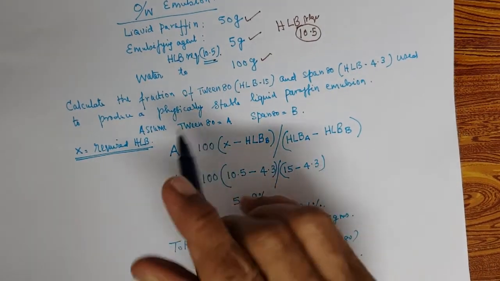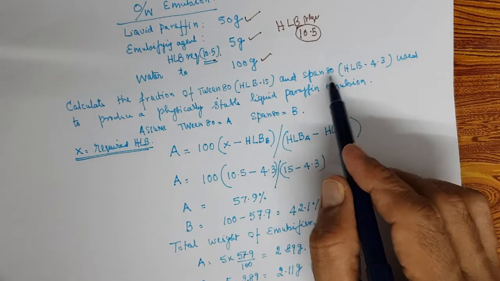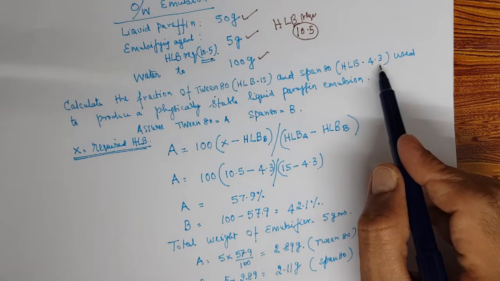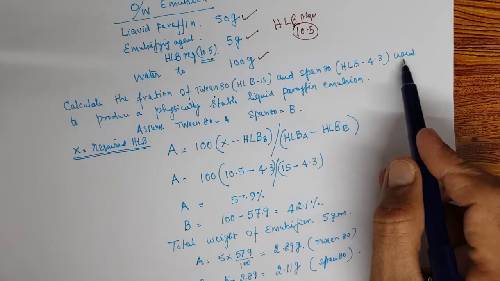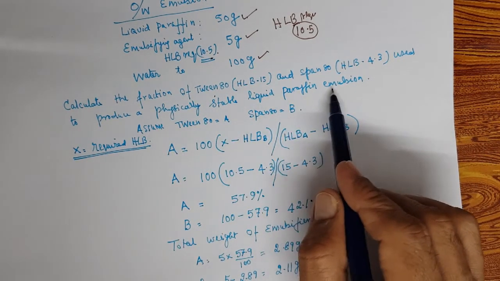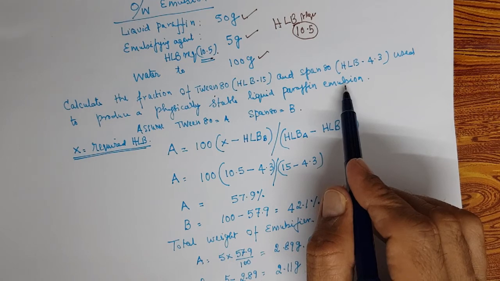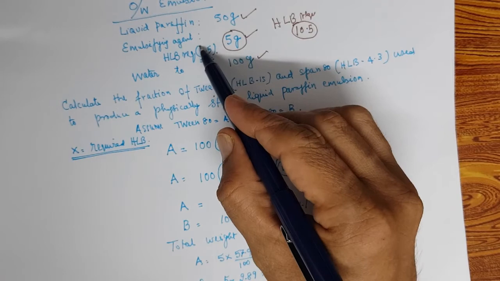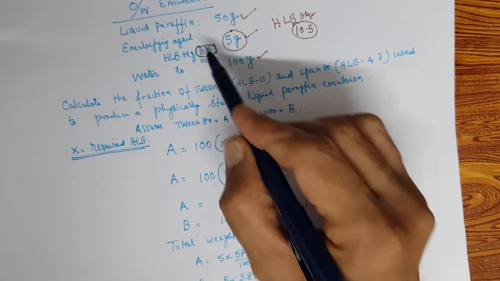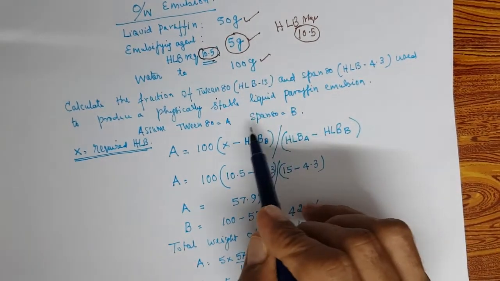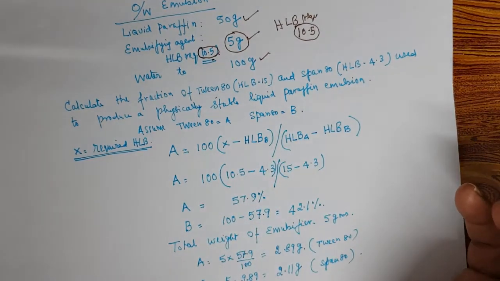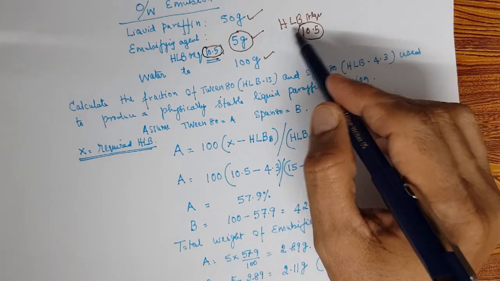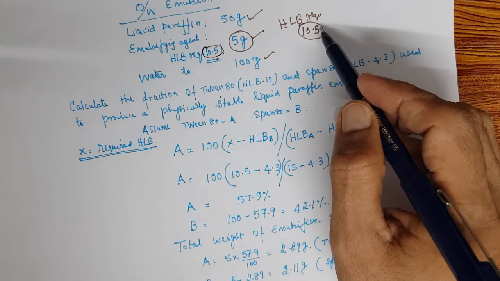Right? I am using Tween 80 and Span 80, HLB 15 and HLB 4.3, to produce a physically stable paraffin emulsion. Right? Now, 5 grams is the total emulsifier. I have to get 10.5 HLB. What is the level of Tween 80 and Span 80 I should use? That is the thing. Because I know that the HLB required is 10.5, that is given.